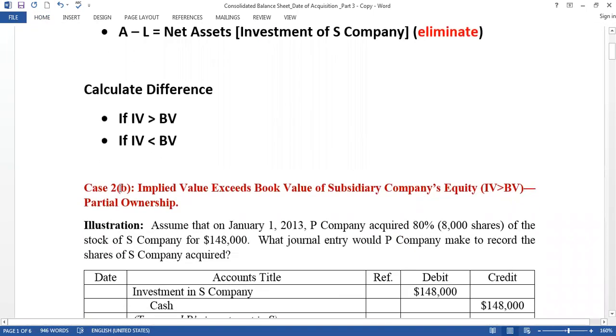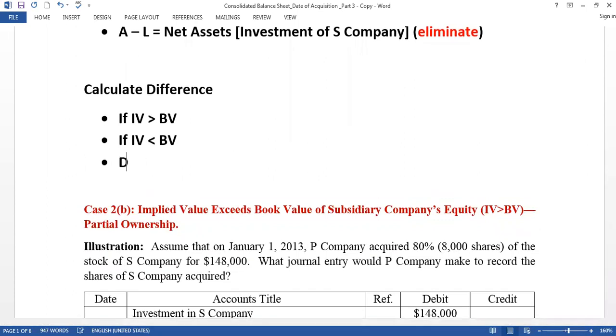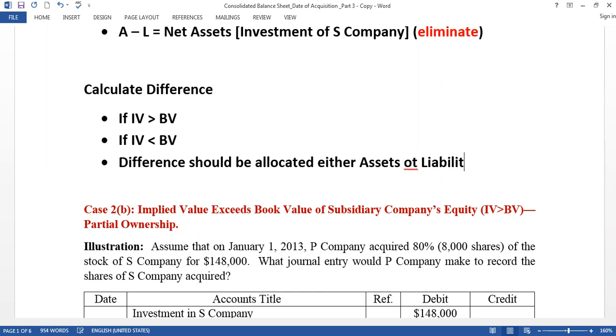And as we have a difference, it should be allocated either to assets or liabilities of the subsidiary company.